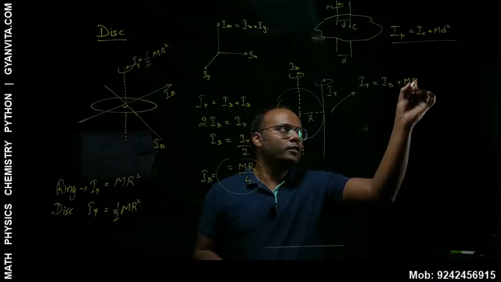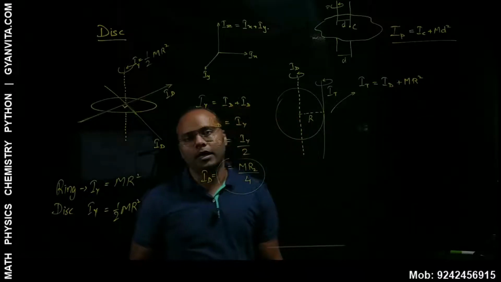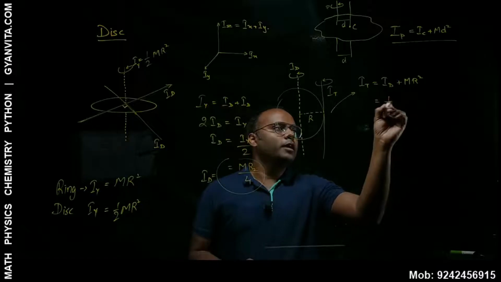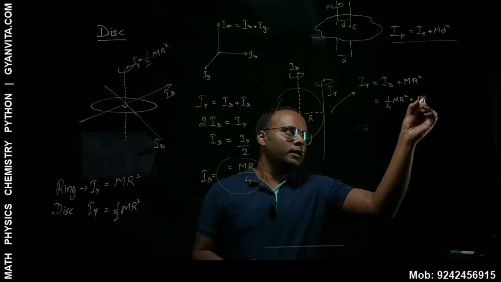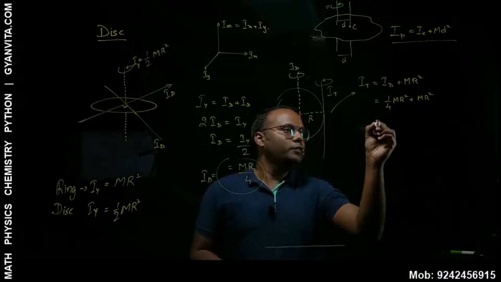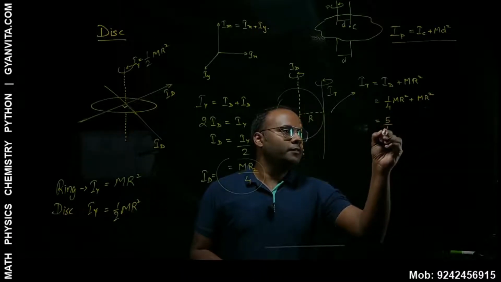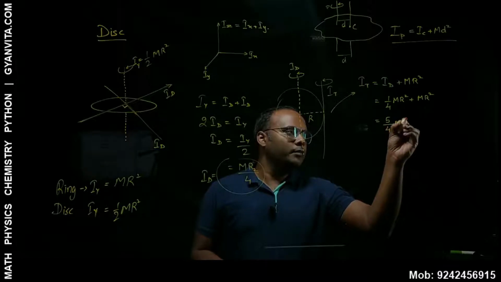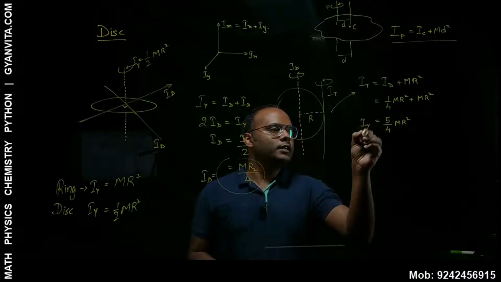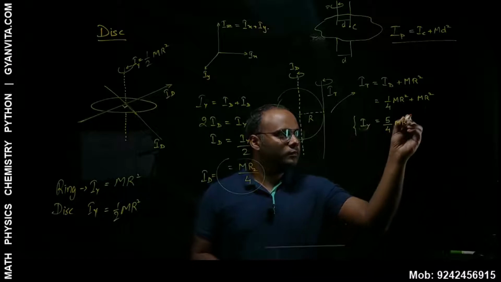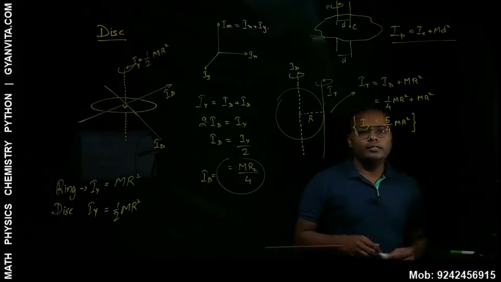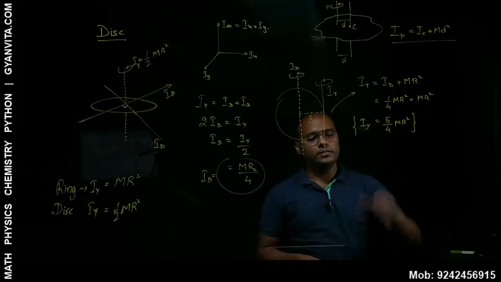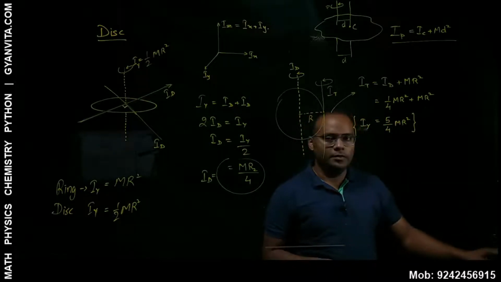Here what is d? d is r. So this will be nothing but 1 by 4 mr square plus mr square, which is nothing but 5 by 4 mr square. This is the moment of inertia along the tangent in the plane of the disk, that is 5 by 4 mr square.